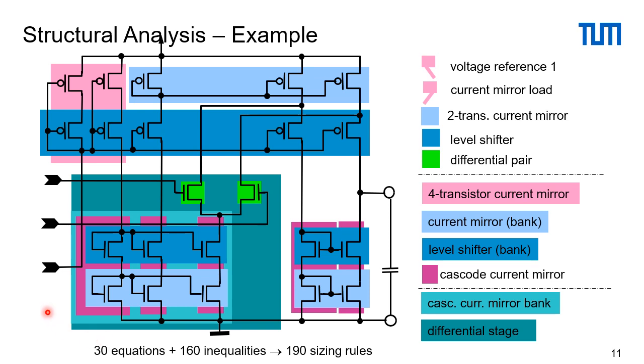That helps a lot because we have, I think, 22 transistors. This is 44 overall design parameters, width and length. And of course, we do not change all of them individually, but actually 30 of them depend on the other 14. So we only have 14 independent widths or lengths in this circuit.